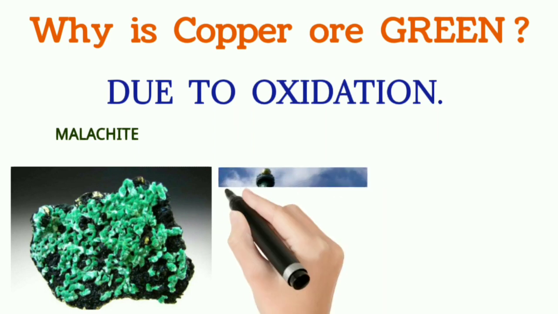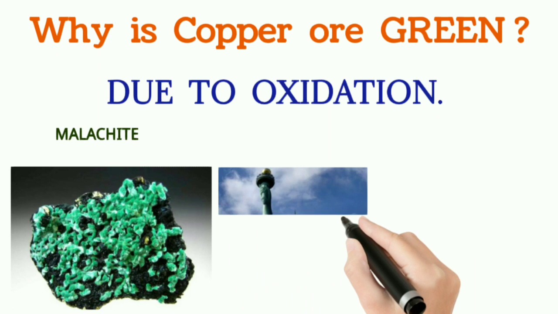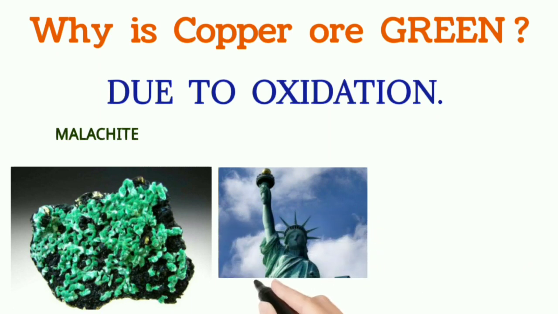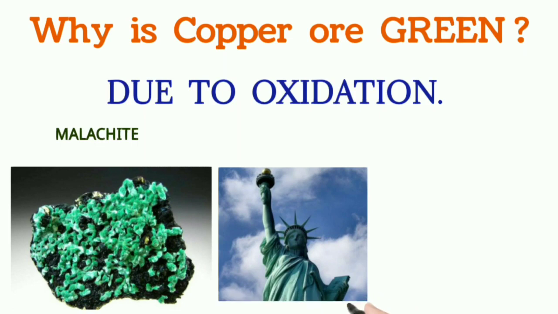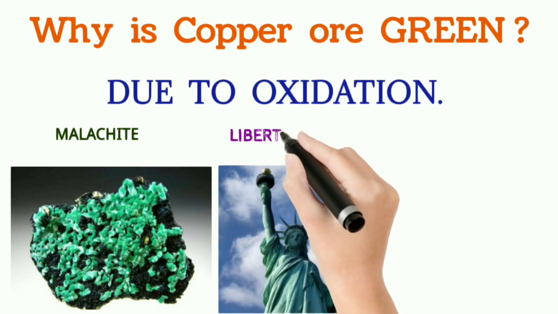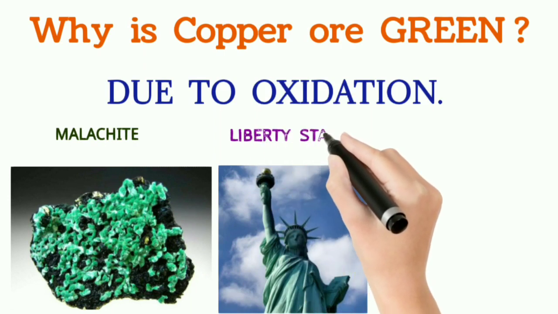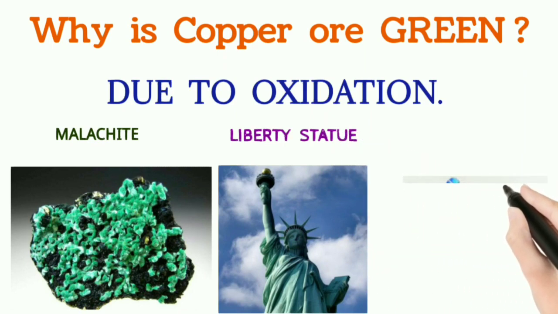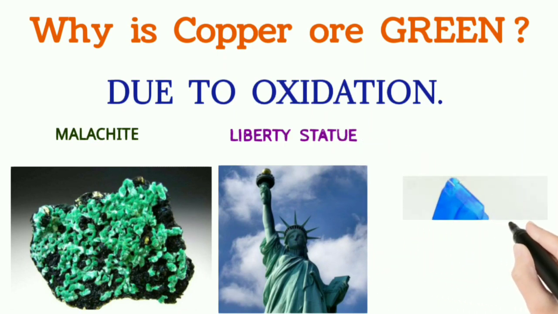The Statue of Liberty, do you know what's the color of this statue? The Statue of Liberty color is actually brown orange, or orange red, but because of this oxidation process, the color is now changed into green. So that is the reason behind why that copper plated Statue of Liberty is green rather than the orange red color.